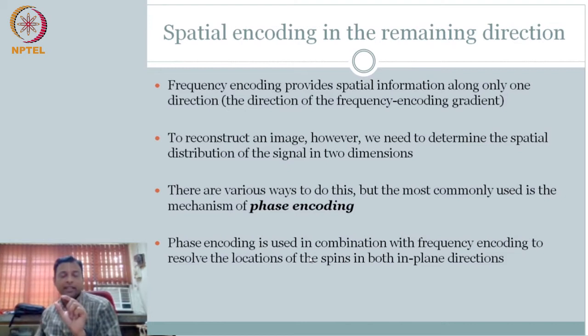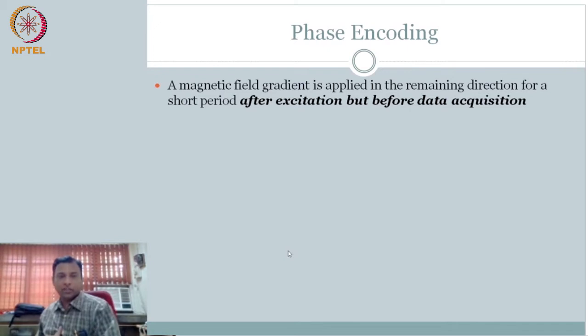The z gradient provided us the slice thickness or your imaging plane. Within the imaging plane, we talked about x gradient. If you combine phase encoding and frequency encoding, then we should be able to tell x comma y, which is your image. Okay. So let's look at what phase encoding is.